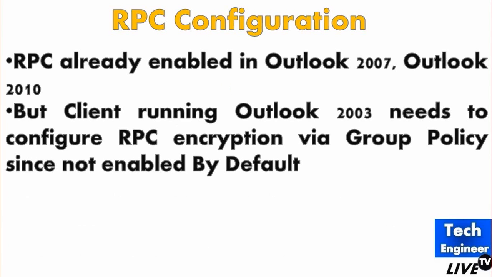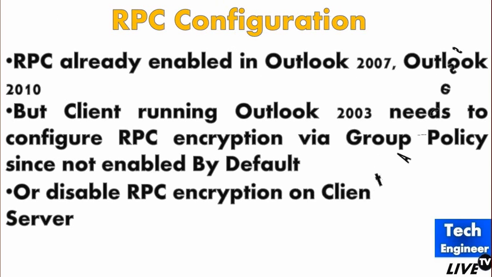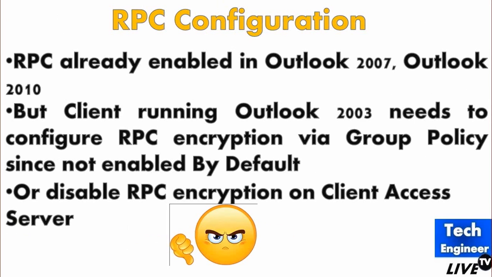Outlook 2003 uses old technologies, so we have to enable it by group policy individually. Or you have an alternative: disable RPC encryption on the client access server, but that is not good enough, because it will make your client access server more vulnerable and less secure.